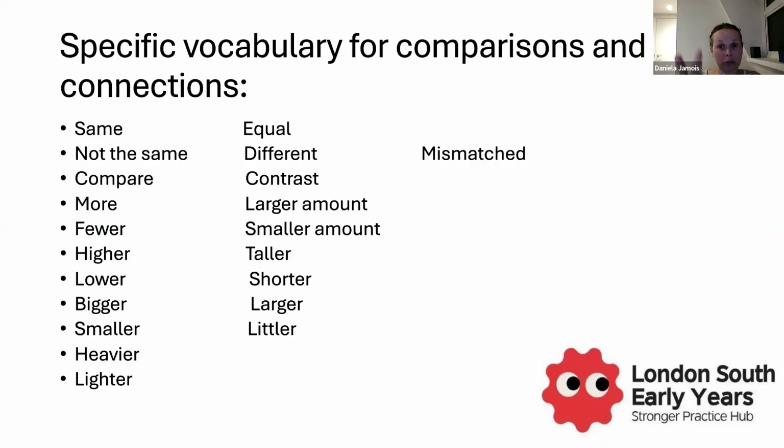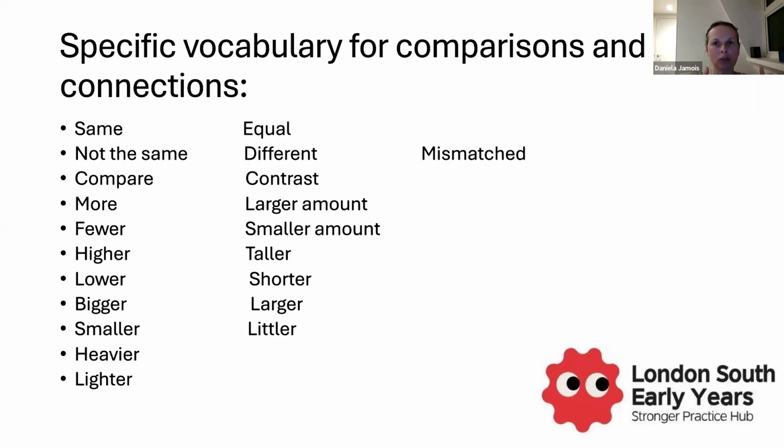So when I looked through the comparison strand on the NCTEM's website, I then took out these words. And what you want to aim for is that you stick with those words that are simpler and then build.